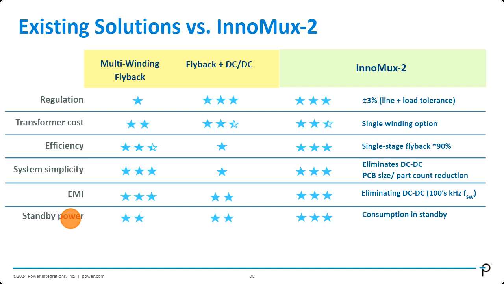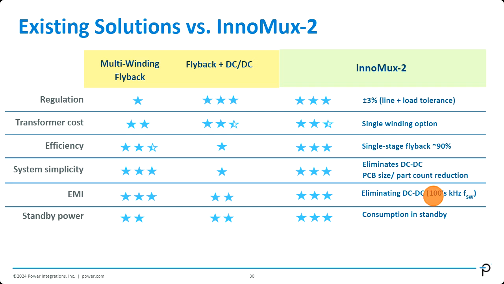And also EMI. I know EMI is very case by case, but if you use flyback plus DC-DC, this DC-DC might run at quite a few hundred kilohertz, for example 500 kilohertz or 800 kilohertz. And that might be difficult for you to design your EMI filters. But with us, we don't have to use any of that, so we basically eliminate that.